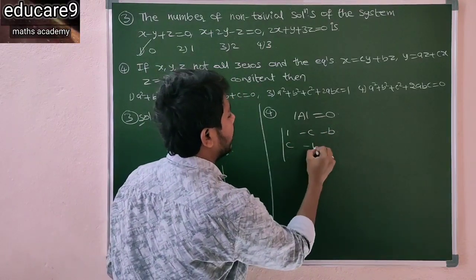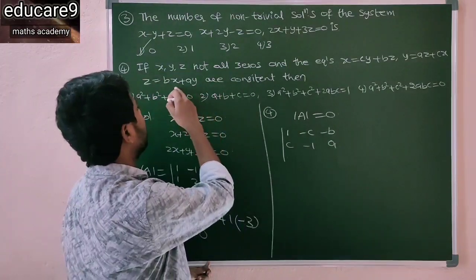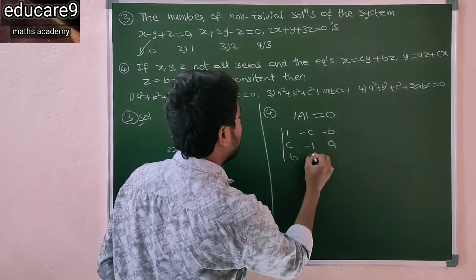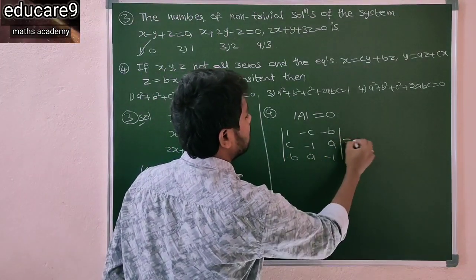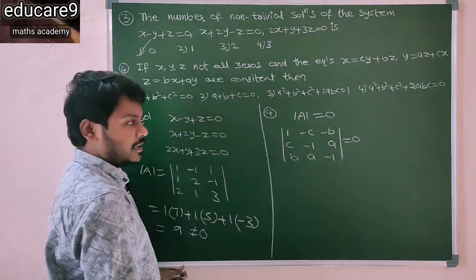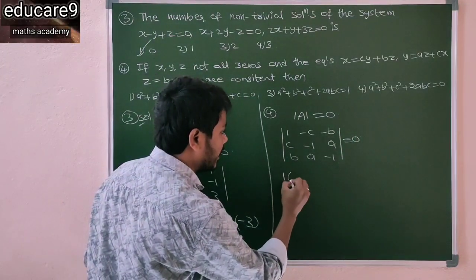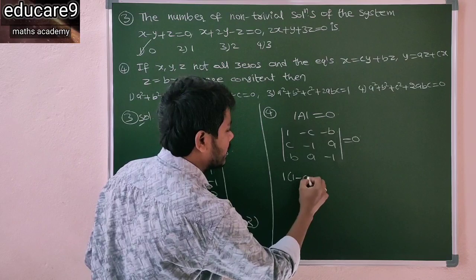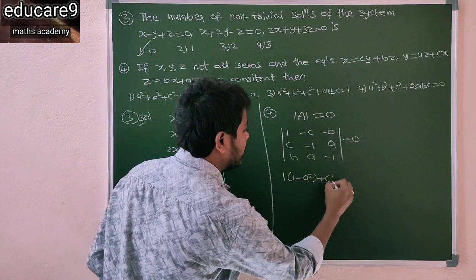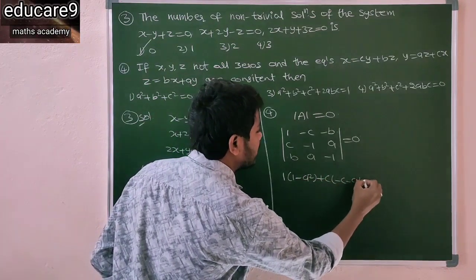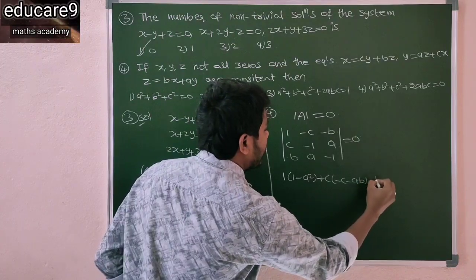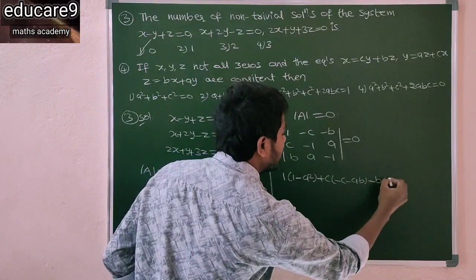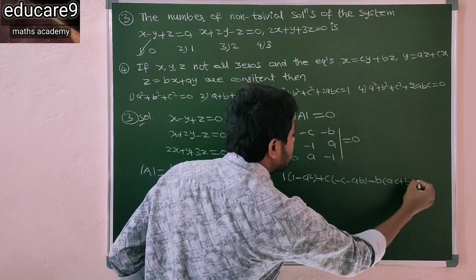Next c, minus 1, a. Next b, a, minus 1 is equal to 0. So find this determinant. So 1 into 1 minus a square plus c into minus c minus ab minus b into ac plus b is equal to 0.